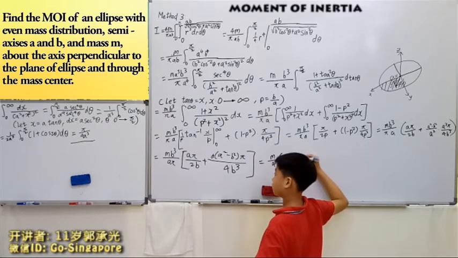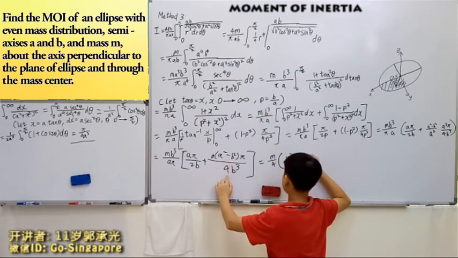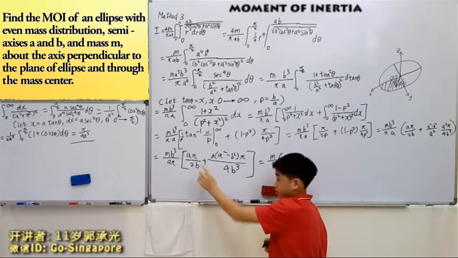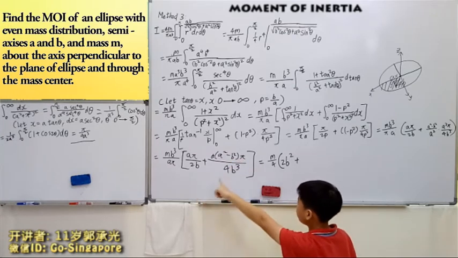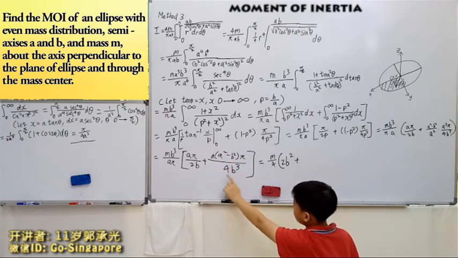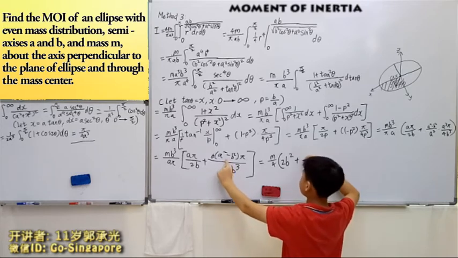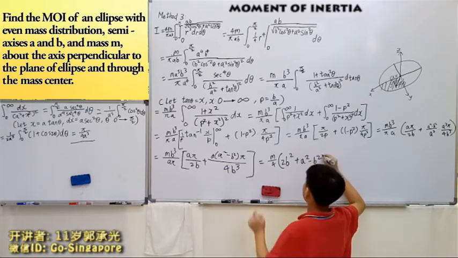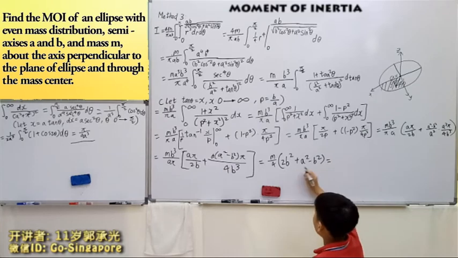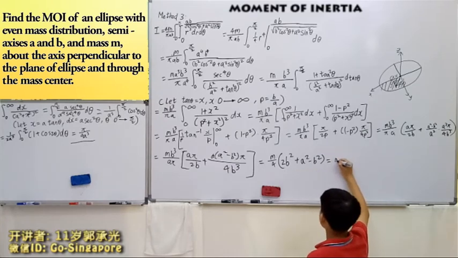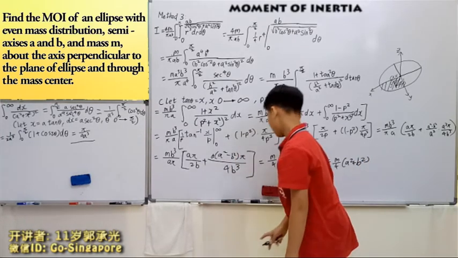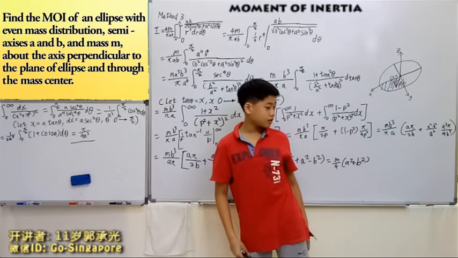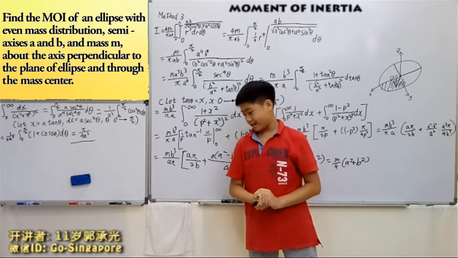Then I have to plus this part. Wait, but then you have an extra 2 because of this. A pi, no more. This part, b cubed, 4, also no more. So then it's just a plus a squared minus b squared. Minus becomes a b squared. So it's a pi over 4 bracket a squared plus b squared. It's like this. So that means this time we can end here.